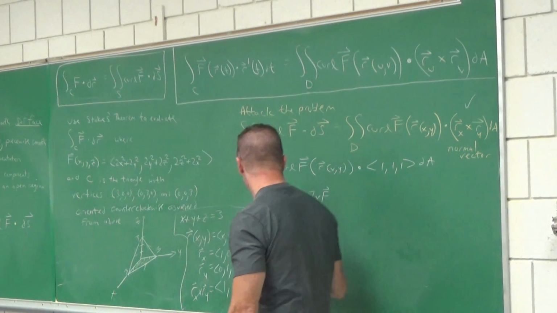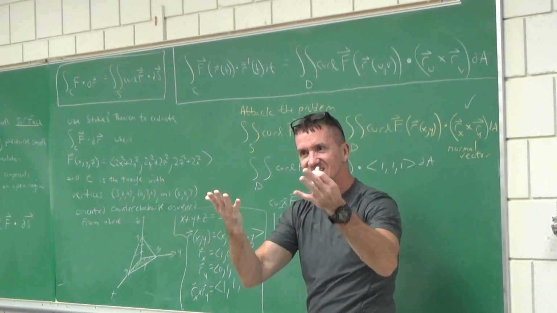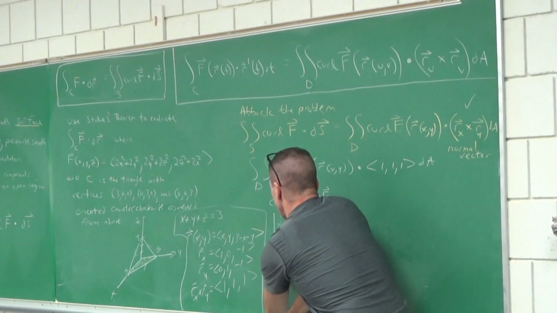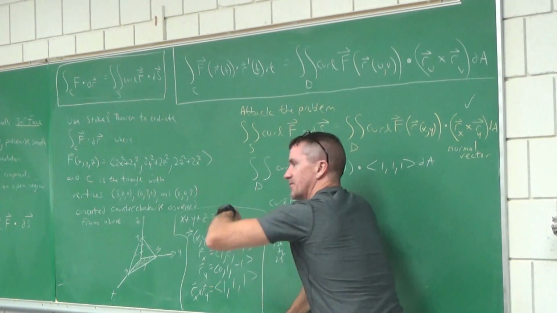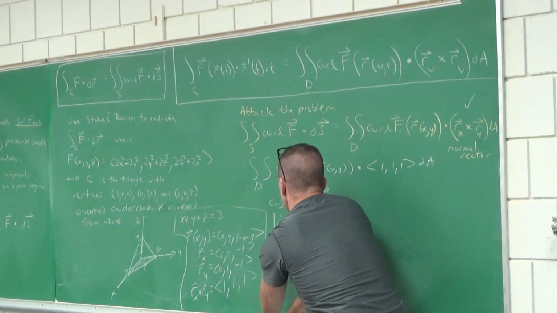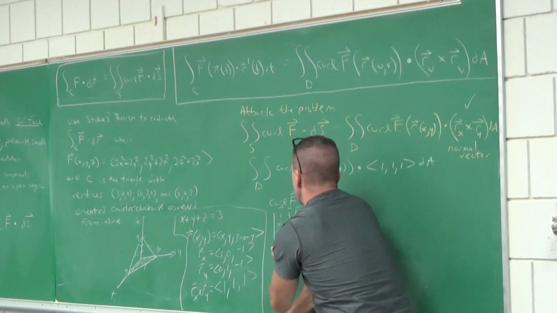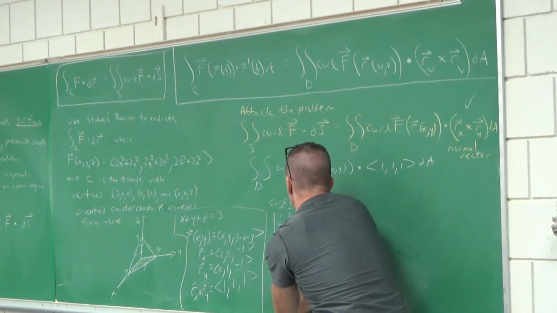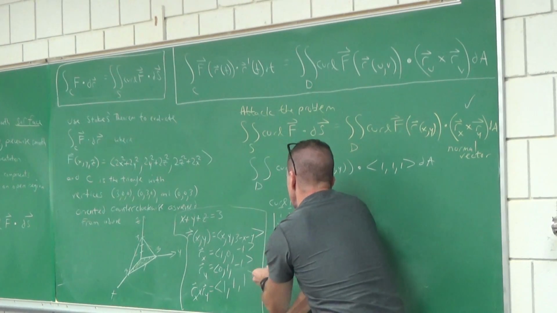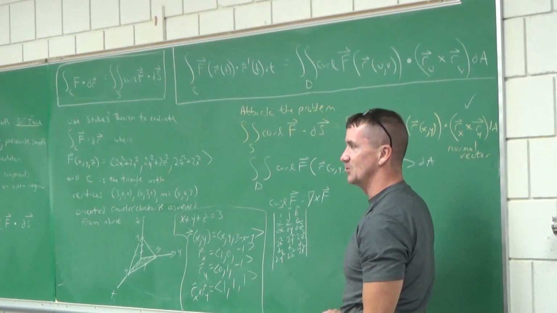So maybe I'll write it on top of each other. The first component is 2x squared plus 2y squared. I'll write it vertically. The second component is 2y squared plus 2z squared. And this one is 2z squared plus 2x squared. I'll just extend these to squeeze it in there, because we gotta do a cross product.